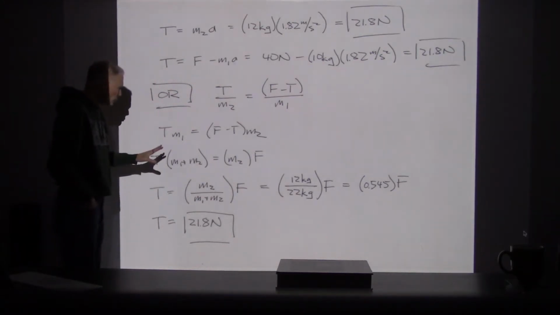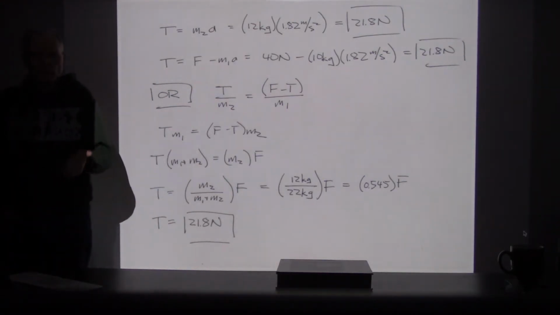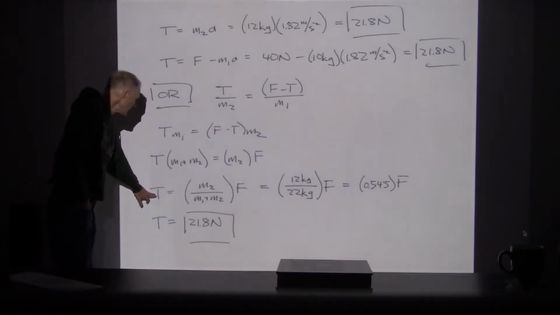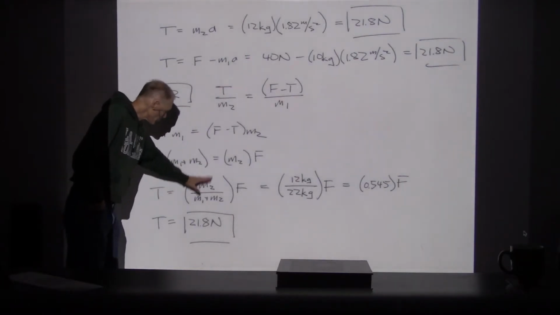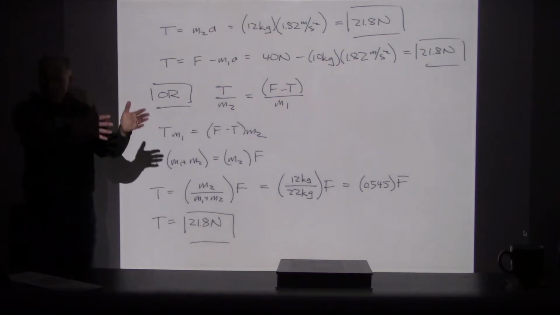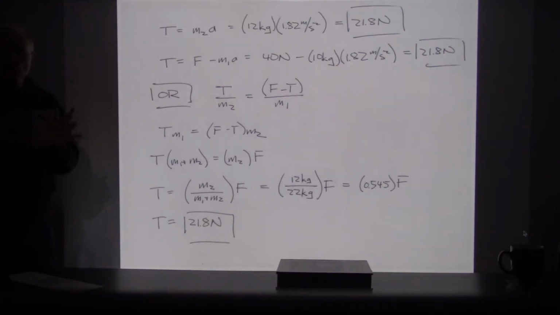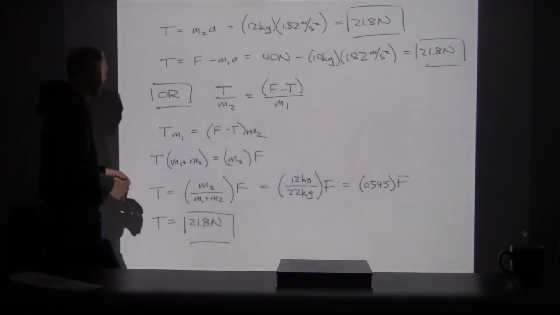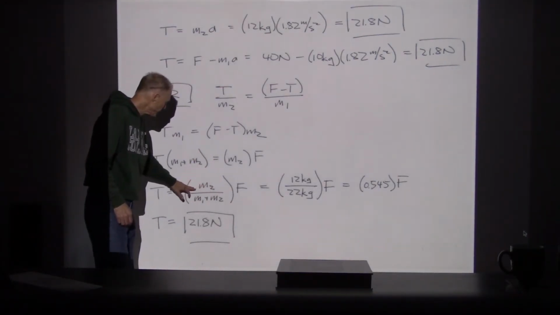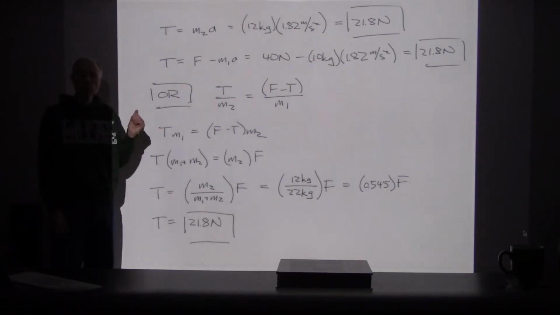Now, what's interesting, it's often useful when you carry these out algebraically, and then stop and stare at them and see if they're saying anything to you. What this is saying is that tension in the cable needs to be a certain proportion of force, right? There was a total external force of 40 newtons driving this acceleration, and it's this portion of 40 newtons that is needed to make sure that block 2 is able to keep up with block 1.